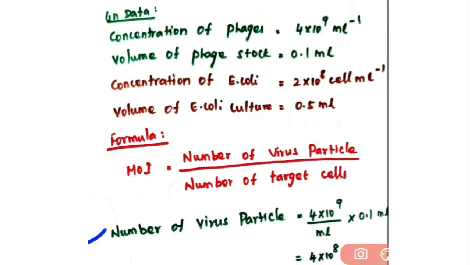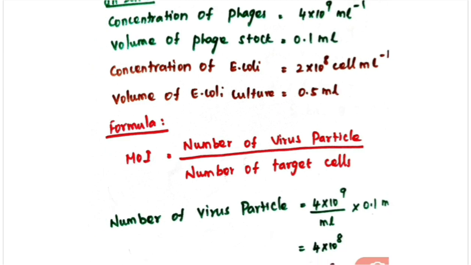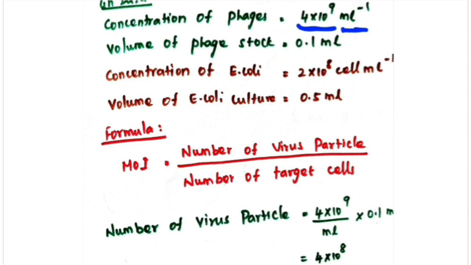The number of virus particles can be calculated by multiplying the concentration of phages by the volume of phage. Here they have given the concentration of phages as 4 into 10 power 9 ml power minus 1. That is, 1 ml of phage has 4 into 10 power 9 phage particles. So we have to calculate for 0.1 ml.